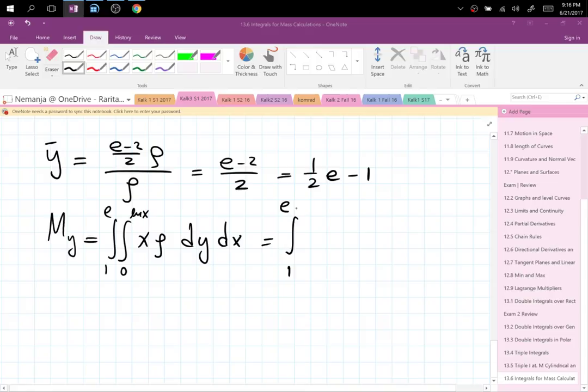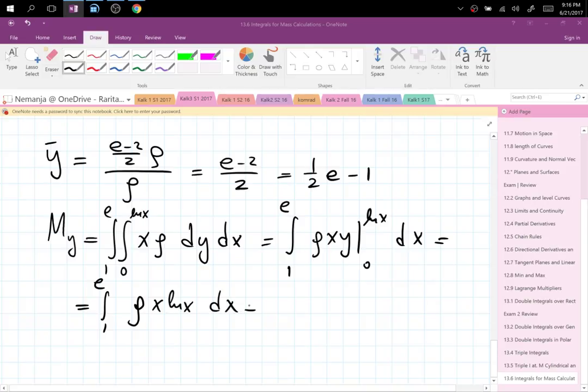1 to e. We have rho xy computed from 0 to ln x dx. That's going to be 1 to e. Plug in ln x for y, we get rho x ln x dx. You can kick rho in front of the integral if you want to.